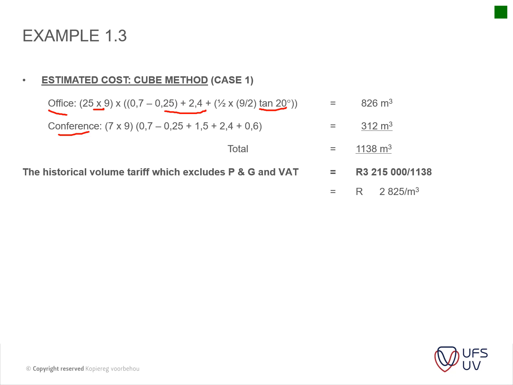What the dimensions basically say is we've got 700 millimeters below, to the bottom of our strip footing, so you deduct the strip footing to get to the top of our strip footing.